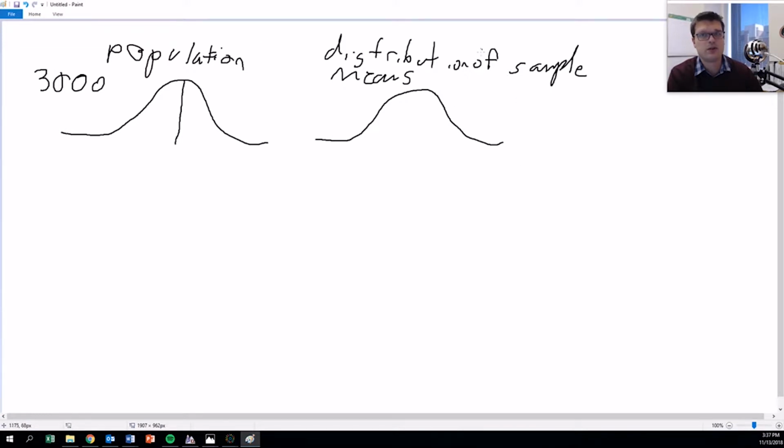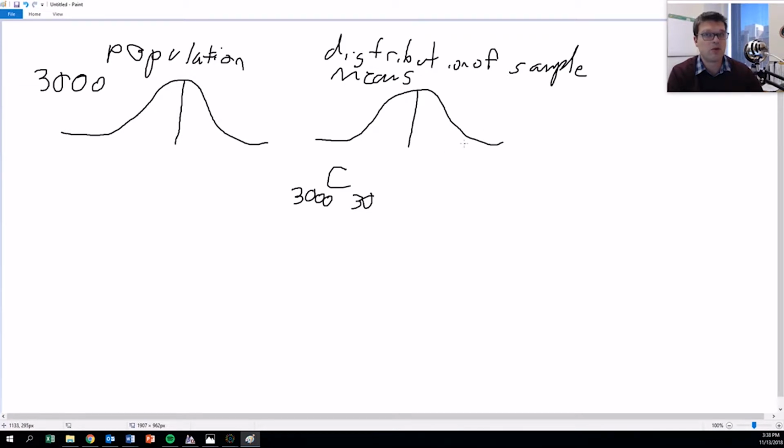But if we make a distribution of the sample means, say for instance, we take 30 at a time, so we take the combination of 3,000 taken 30 at a time, we would be able to determine the total possible number of data points that would make up this distribution of the sample means.